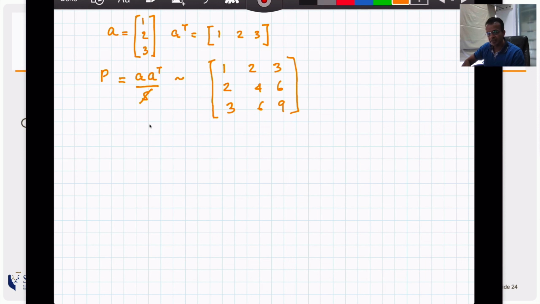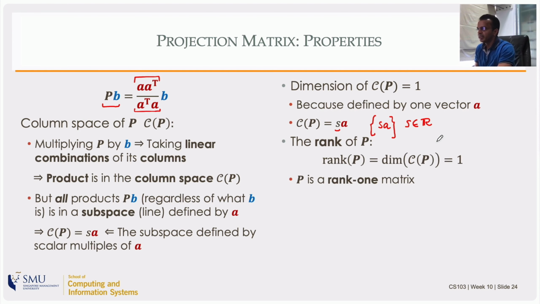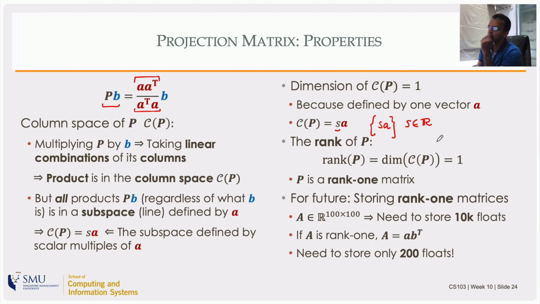So this is a matrix that we got. And we see that this is actually symmetric. The first column here is actually just A, this is 2A and this is 3A. And the column space is actually just linear combinations of the columns, which means scalar multiples of A. So just one line. The column space of P is the scalar multiples of A. So the rank of P is 1, it's a rank 1 matrix.